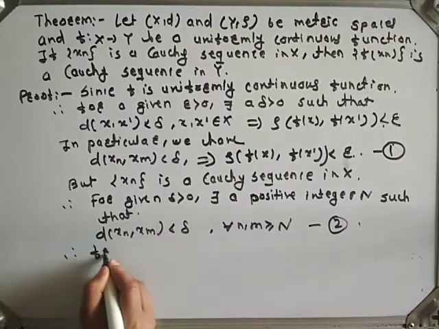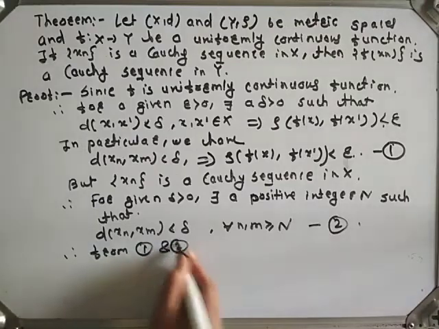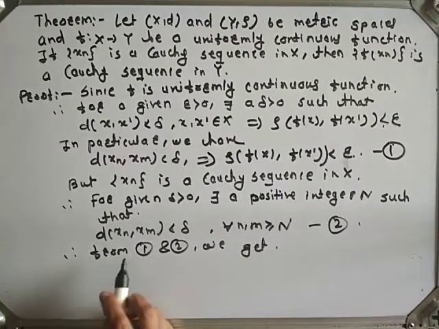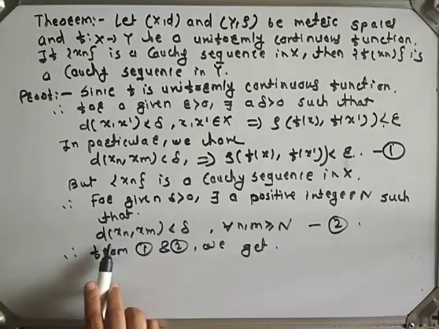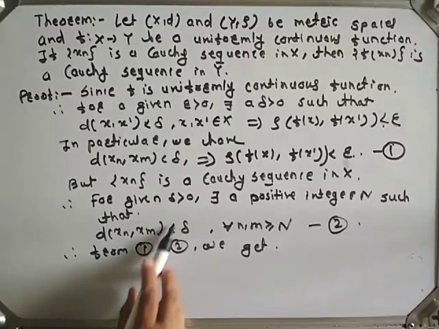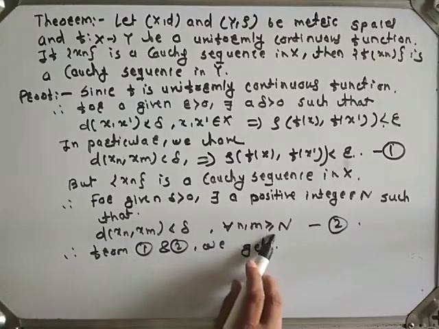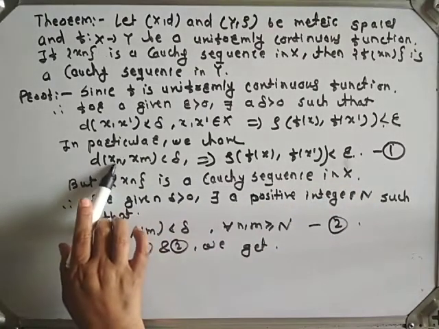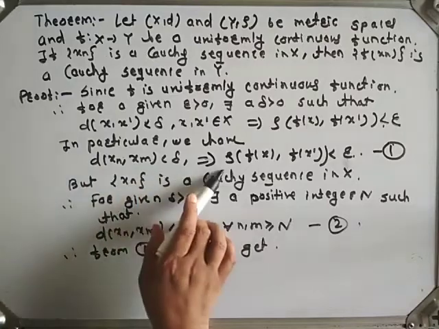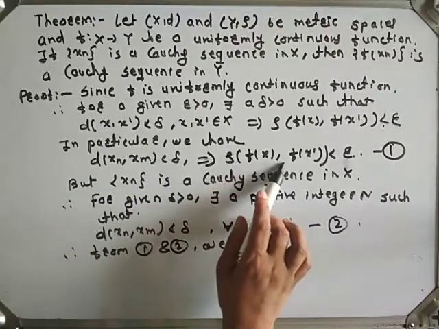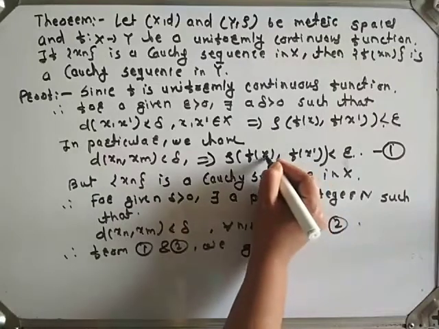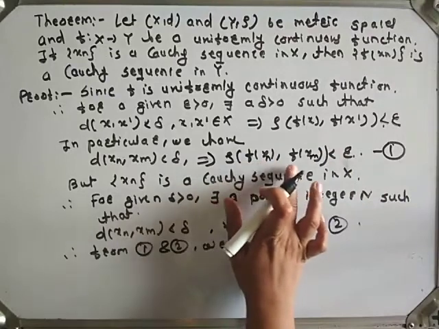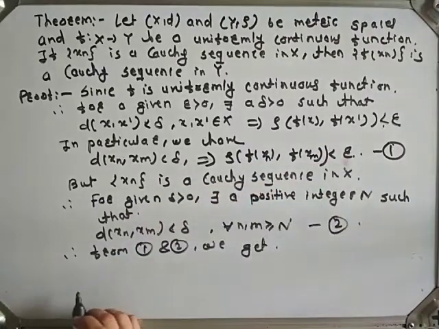Therefore, from 1 and 2 we get: equation 2 says that d of xn comma xm is strictly less than delta for all n comma m greater than or equal to N, and equation 1 says that d of xn comma xm strictly less than delta implies rho of f of xn comma f of xm is strictly less than epsilon.